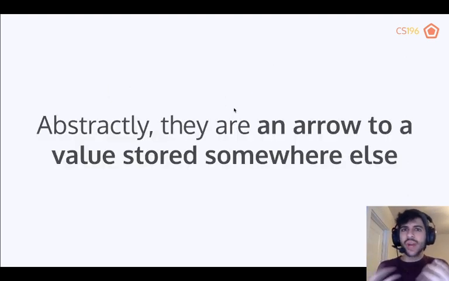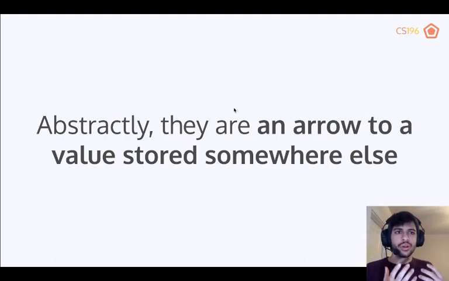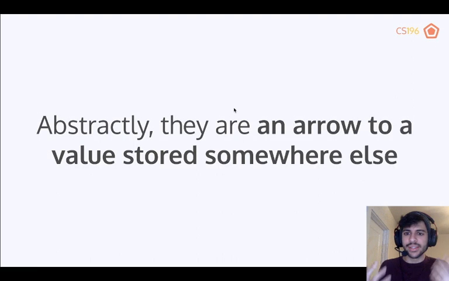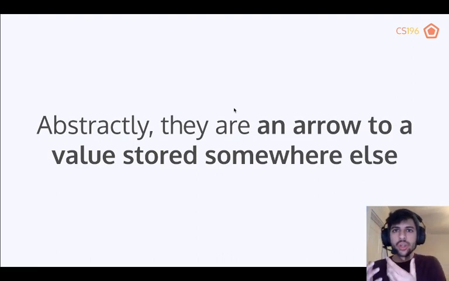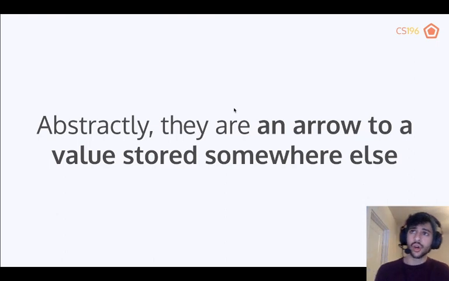Abstractly, we can think about a pointer as an arrow to a value that's stored somewhere else. We can think about it as a variable that just stores the location of the value stored somewhere else. In Rust, we can think about it pretty abstractly like this. In other languages like C and C++, it's a little bit less abstract.